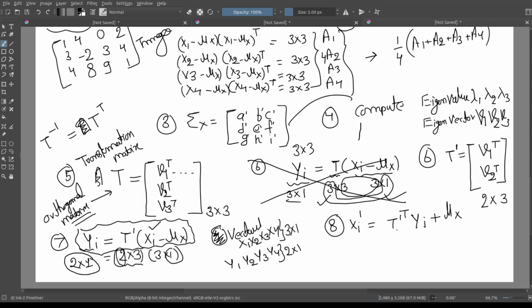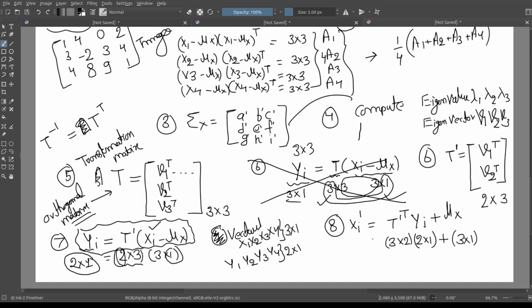Okay, so now let's see the dimension. T prime transpose will be of dimension 3 cross 2. Correct, because T prime is 2 cross 3, so T prime transpose is 3 cross 2. Then yi dimension is 2 cross 1. What is the dimension of mu x? 3 cross 1.